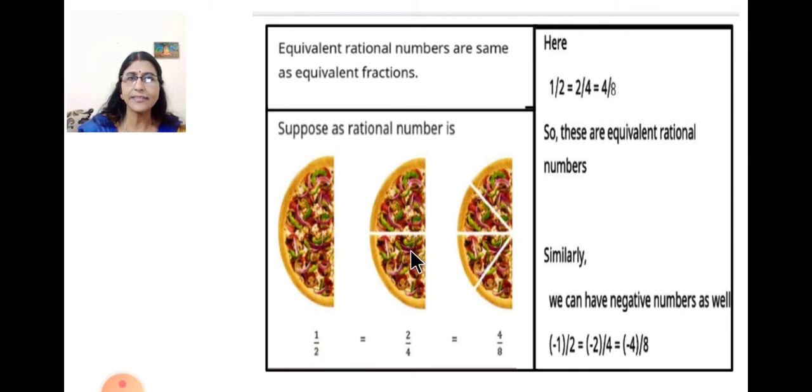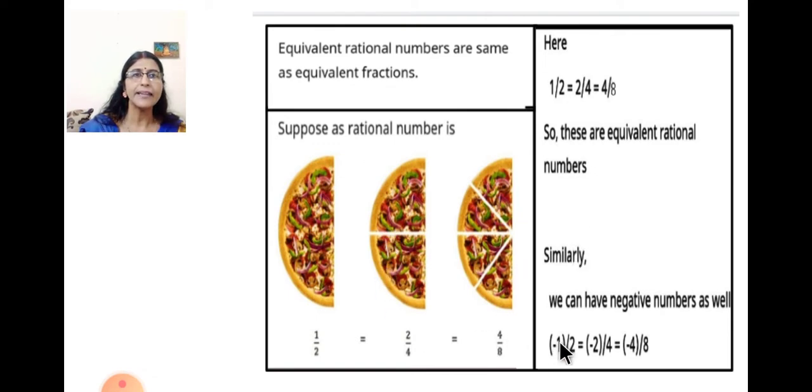And here it is divided into 4 parts, and you can see here it is 2 parts of the whole pizza, 2 upon 4. And if it is divided into 8 parts, then it will become 4 upon 8. You can see all the 3 are equal, they are equivalent. So we can say 1 upon 2 is equal to 2 upon 4, and that is equal to 4 upon 8. So these are equivalent rational numbers.